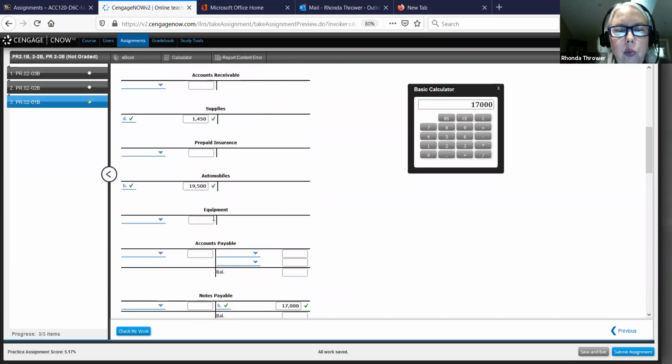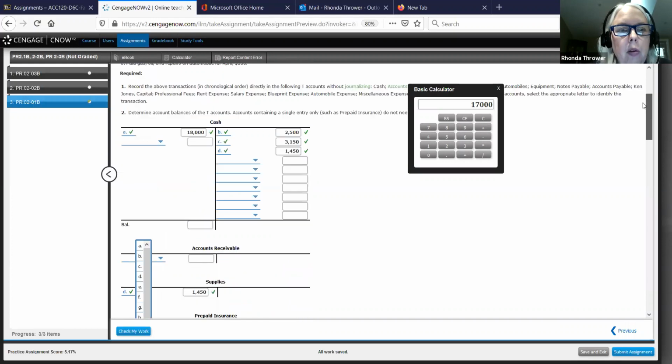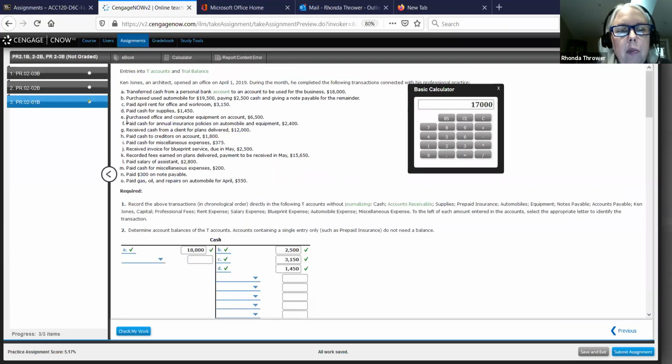Notice they just put down equipment here. So I'm going to put down the transaction number, which I can't remember what it was. So I'm going to go back up to the top. It's transaction E that we were working on.